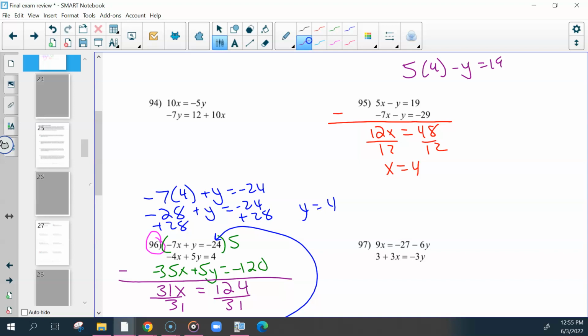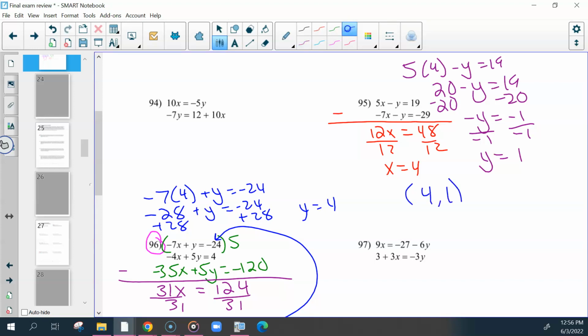This would give us 20 minus y equals 19. Subtract 20 on both sides, and then divide both sides by negative 1. So y would become 1.